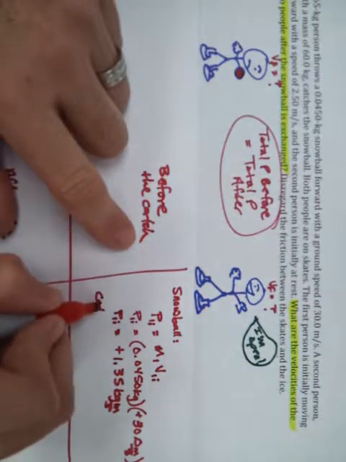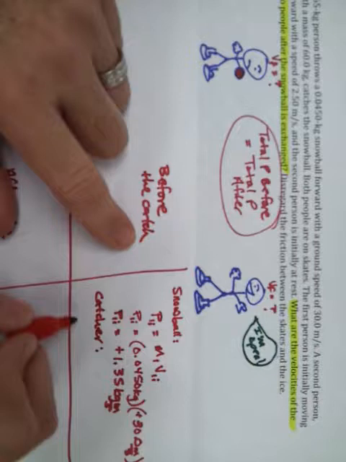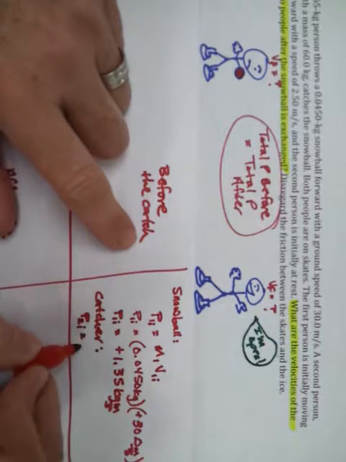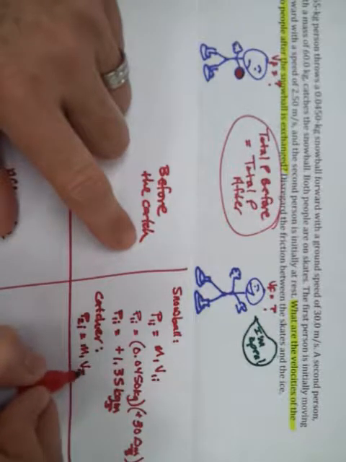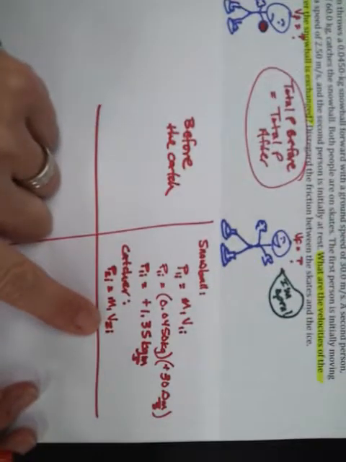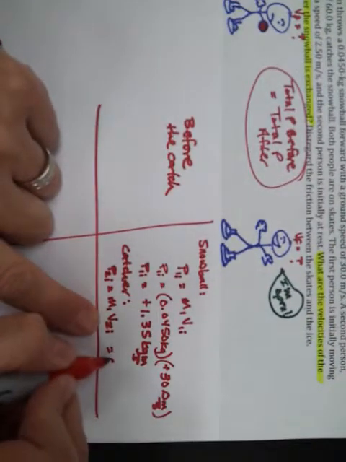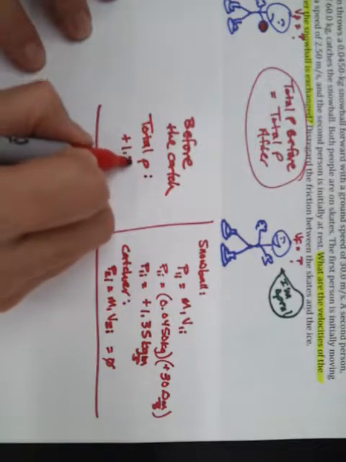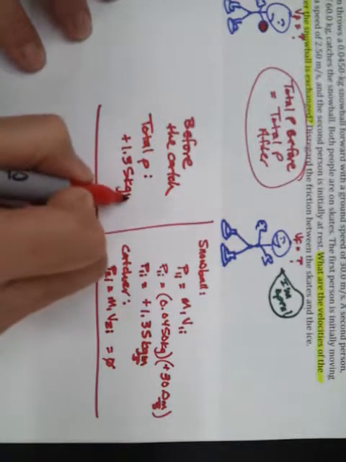Now, the catcher of the snowball, if you look at his momentum, M2 V2 initial, because he has no velocity, he actually has no momentum, so it's going to be 0. So the total momentum before the catch is just a positive 1.35 kilogram times meter per second.